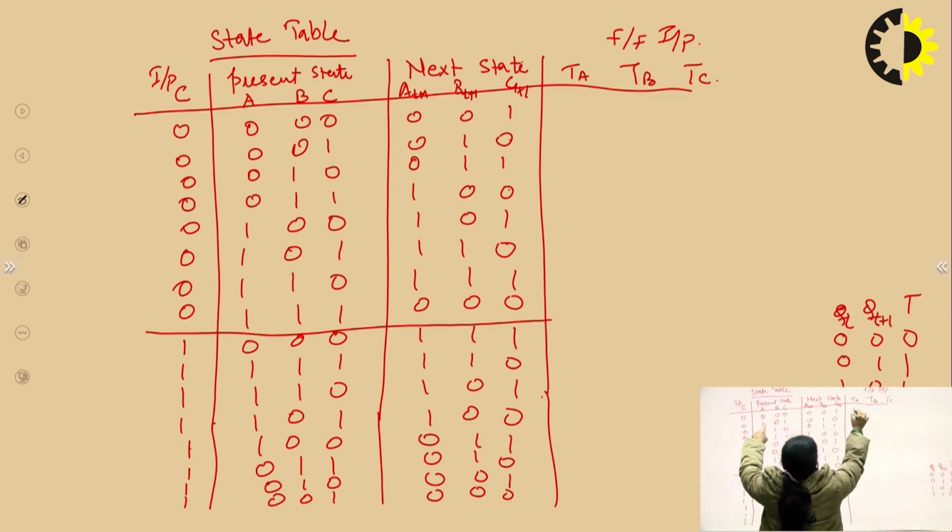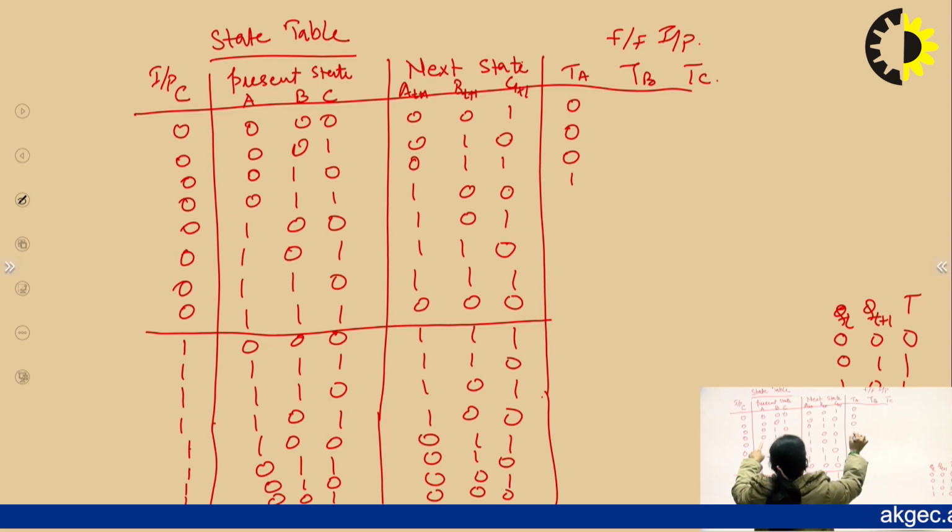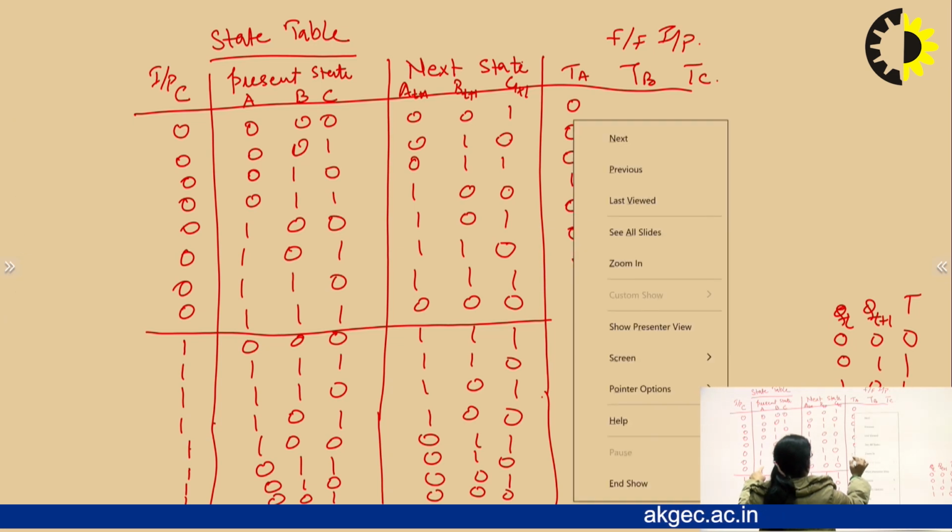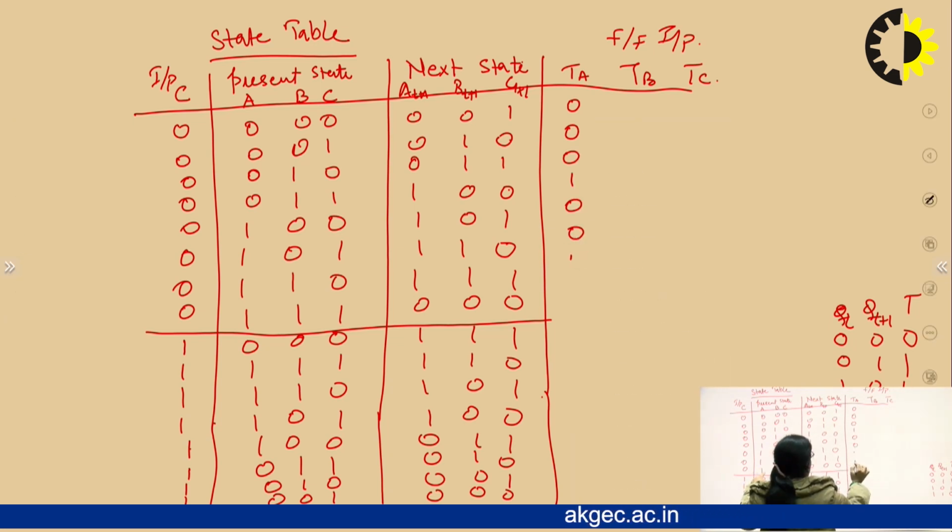So TA will be 0, 0, 0, 1, 0, 0, 0, 1. Now in this case, it is again 1, 0, 0, 0, 1, 0, 0, 0.